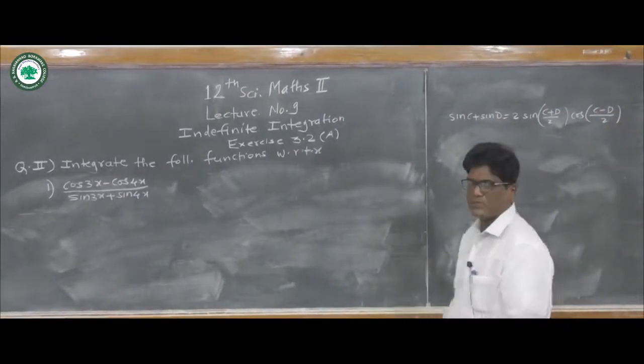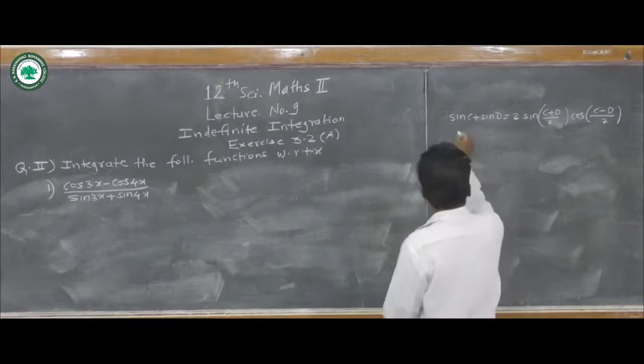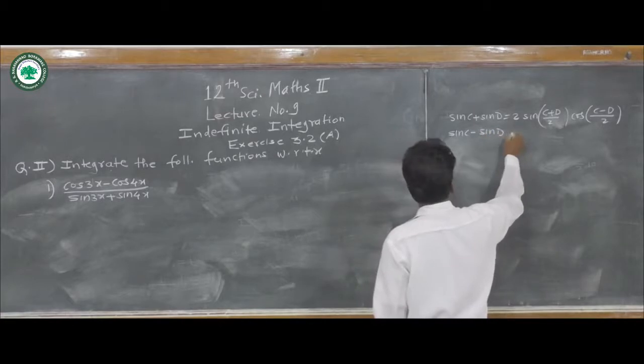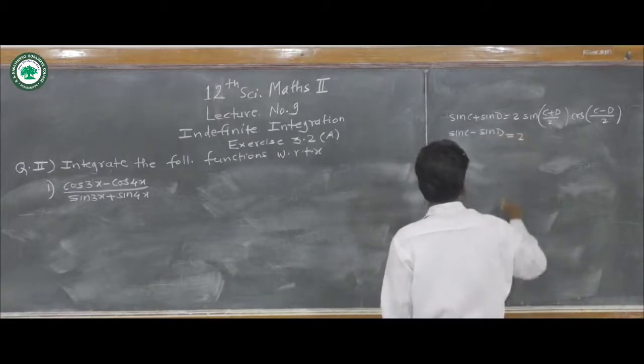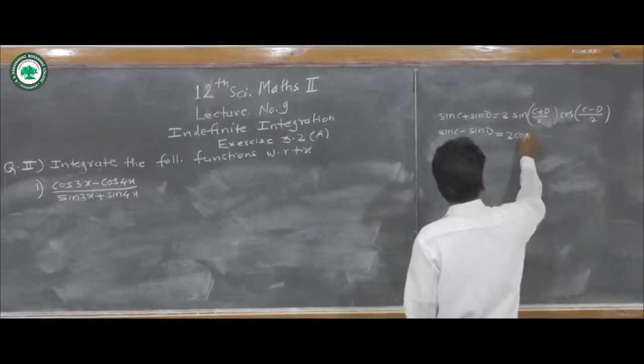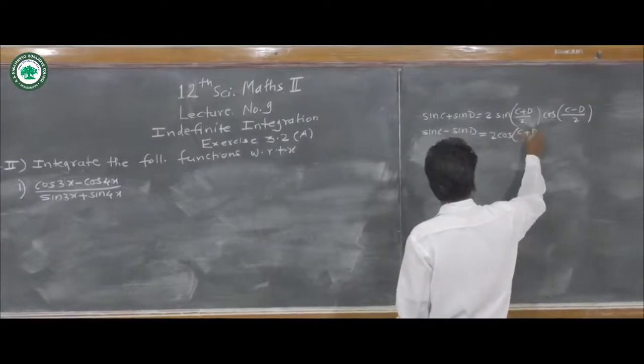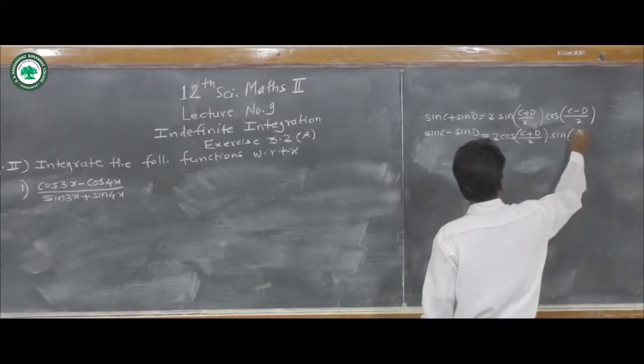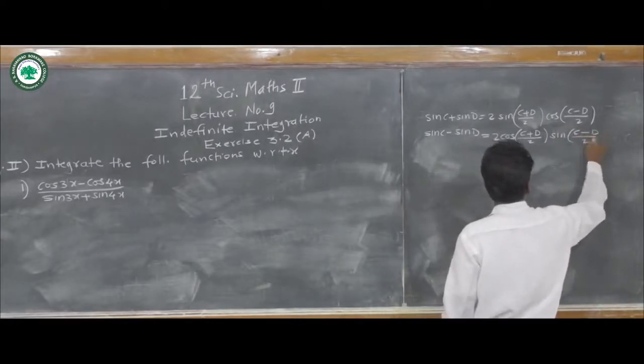There are 4 formulas of such type. Now sin of c minus sin of d is equal to 2 times cos of c plus d divided by 2 into sin of c minus d divided by 2.